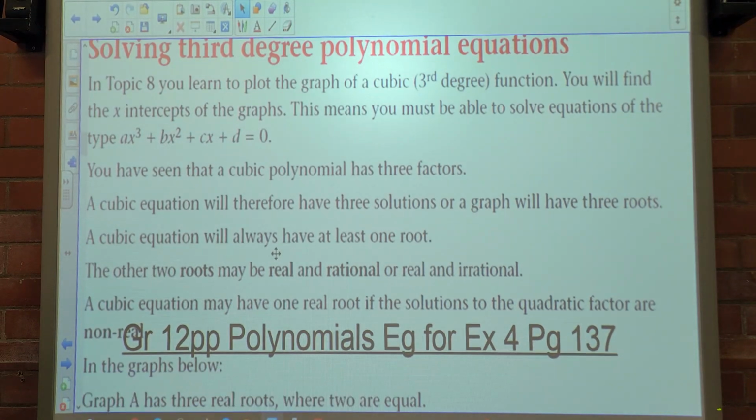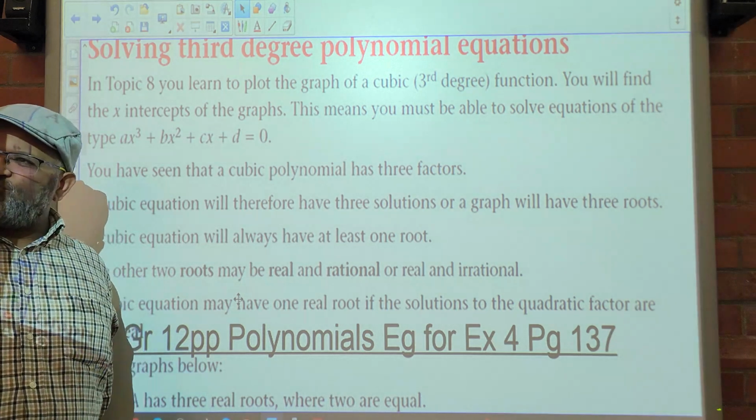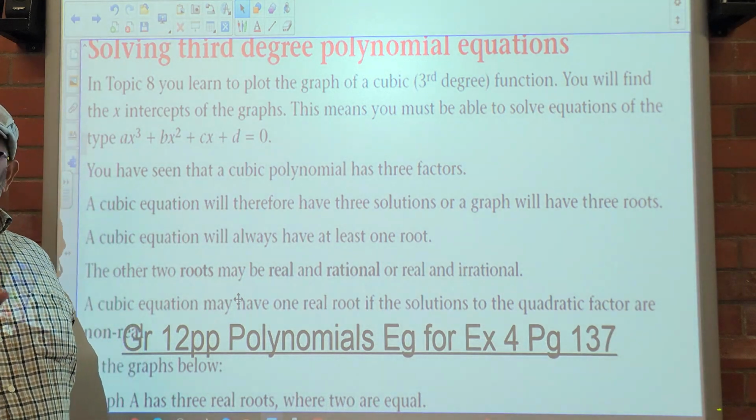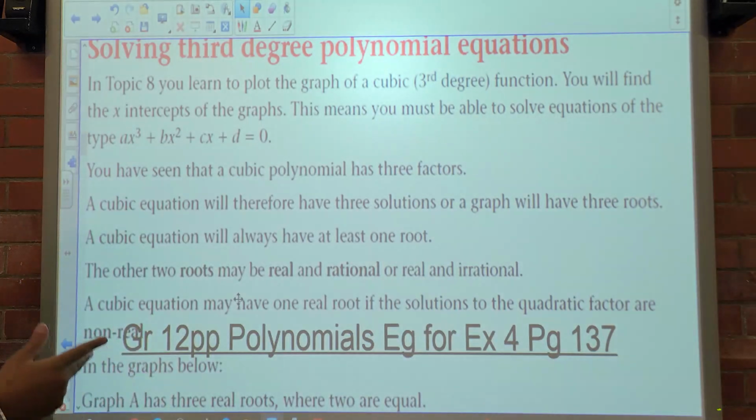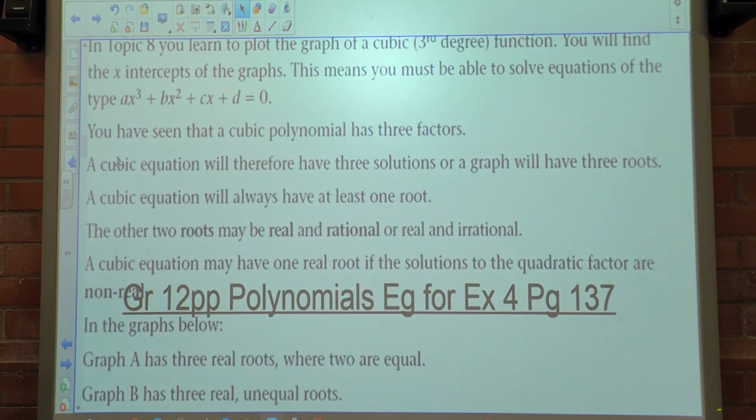You have seen that the cubic polynomial has 3 factors. Supposed to be a maximum of 3 factors, because sometimes you'll have 1 factor, sometimes you'll have 2 factors, where one is the x value and the other one is where the graph bounces off the axis. We'll see now a 2-in-1 solution there.